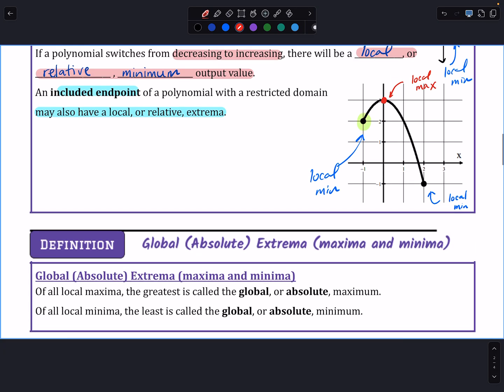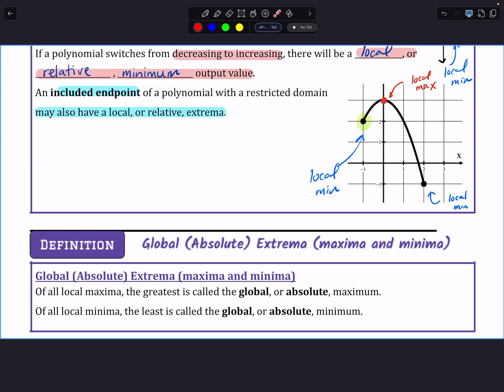If you guys look at this graph, we labeled this point right here as a local max, correct? Is there a highest point on this curve other than that point? So this is the local max, but it's also the absolute max because it's the highest point. We have two local mins right here, right? Which one is the lower one?